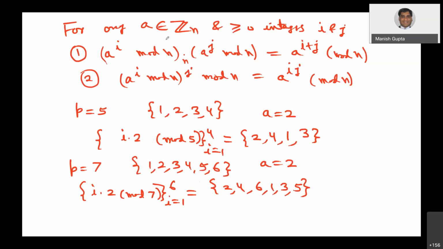What I'm doing is taking a and multiplying everything in this set. So 2 into 1 is 2, 2 into 2 is 4, 2 into 3 is 1, 2 into 4 is 3, modulo 5. Got it? Sir, every time we are doing mod with p only, no, sir? Yes, with p only. Okay, sir. Then only we will get a different permutation of the same set.